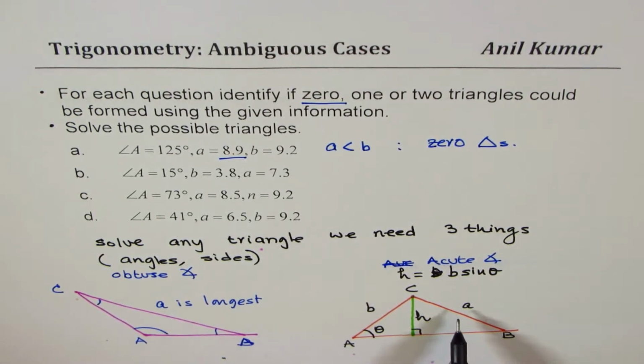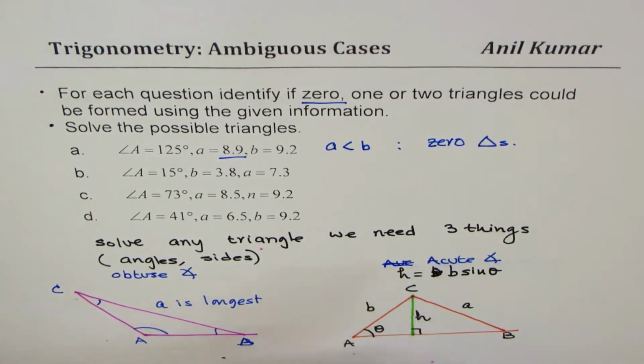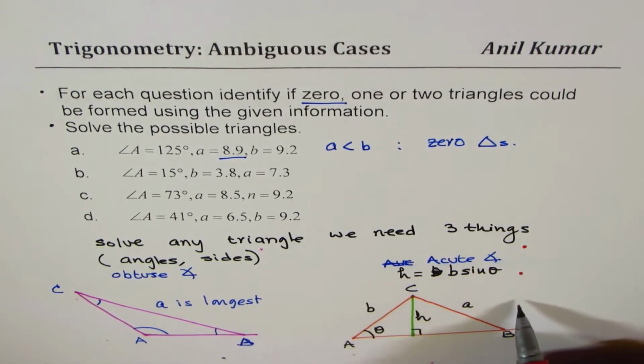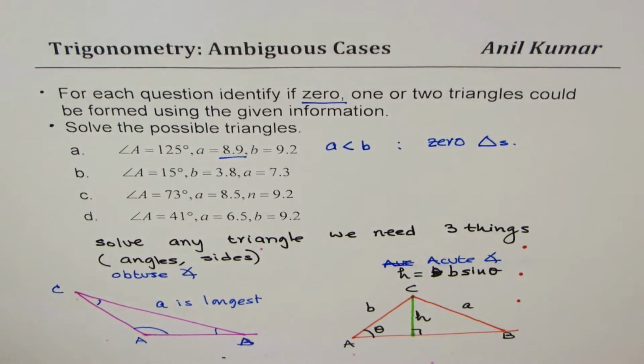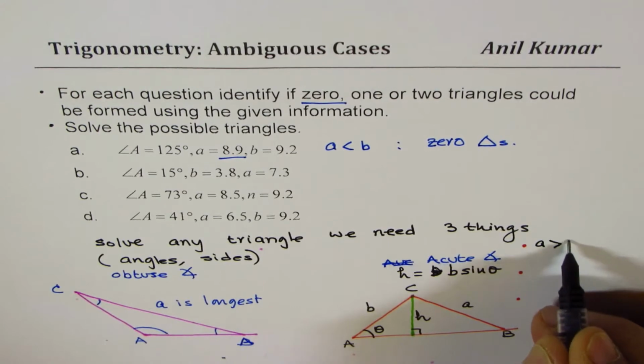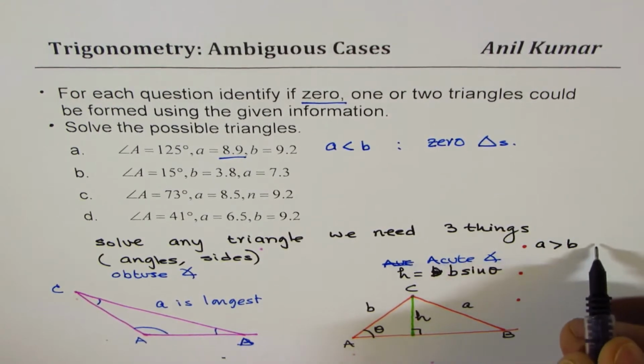In an acute angle, let me write down three cases here. First case is if we are given an acute angle and side A is greater than side B, then we have only one triangle.